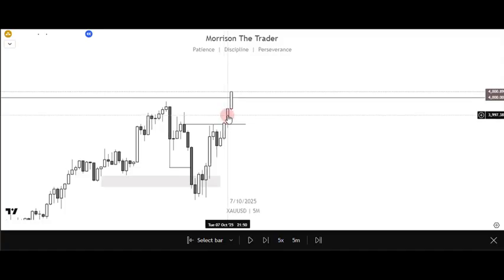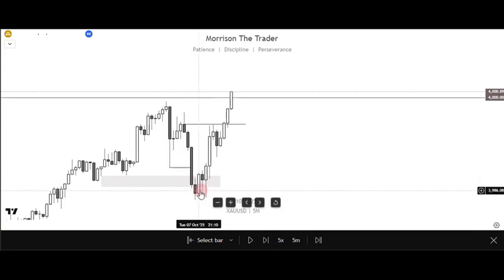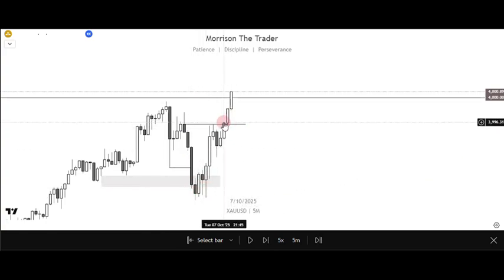That is what we call what? A change in state of delivery. So this is a bullish change in state of delivery. Bearish candles, series of bearish candles into an important level, price closes over them, right? Now we have confirmed the reversal in that 1 hour time frame.